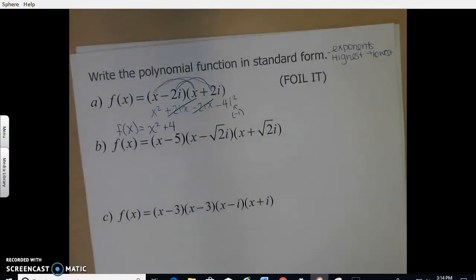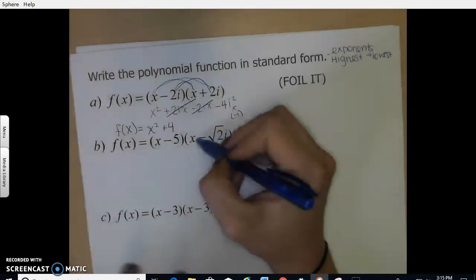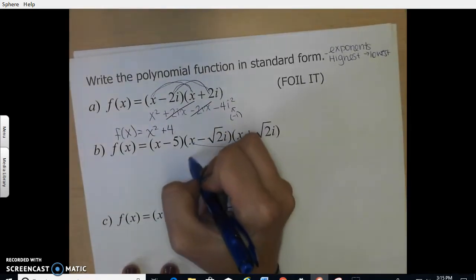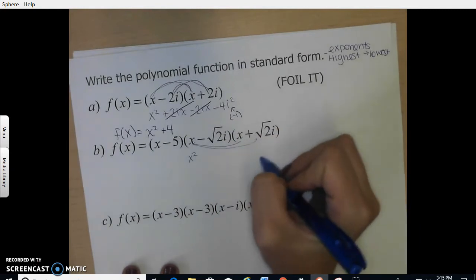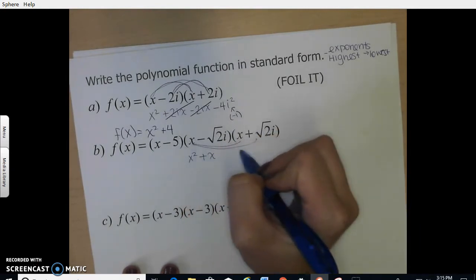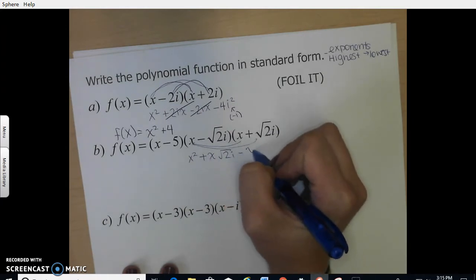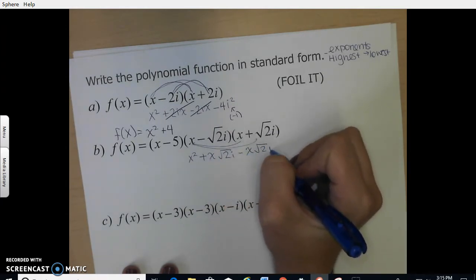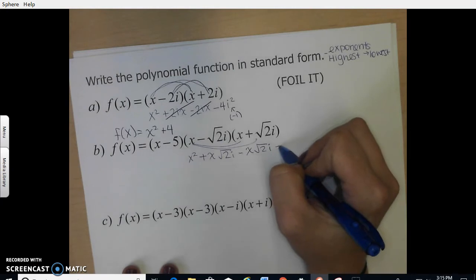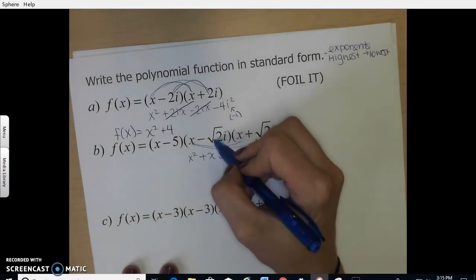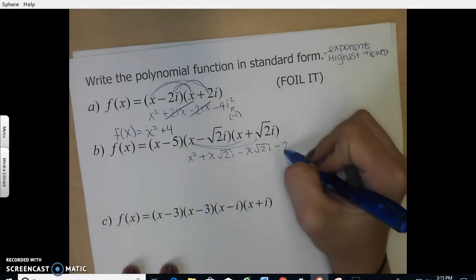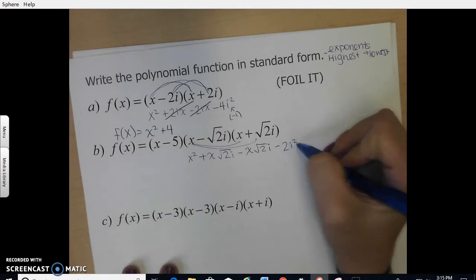Once again, I'm going to multiply the conjugates first so that we can cancel our imaginary parts. So I'm going to multiply x times x to get x squared plus x times the square root of 2i minus x times the square root of 2i minus square root of 2 times the square root of 2 is 2i squared.